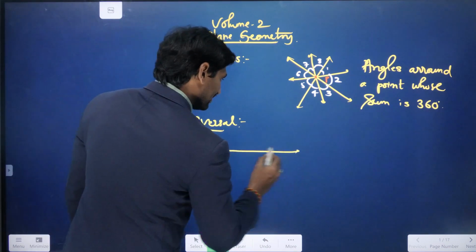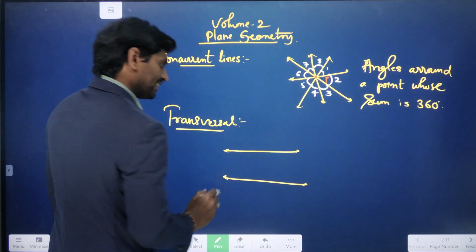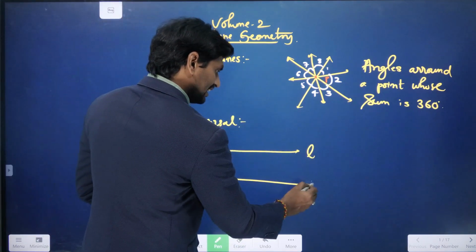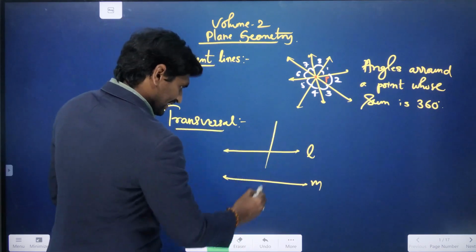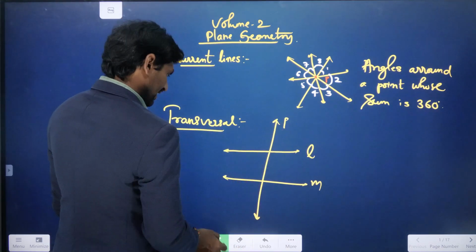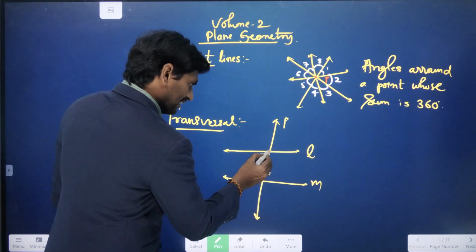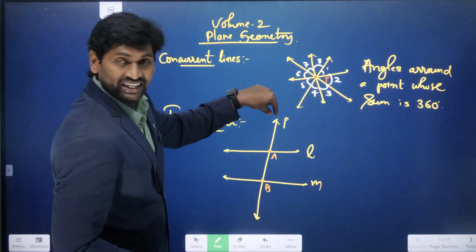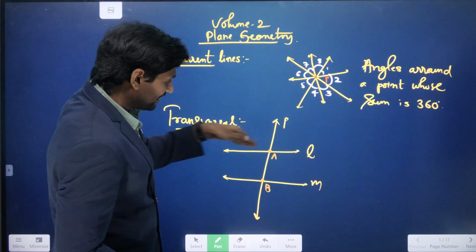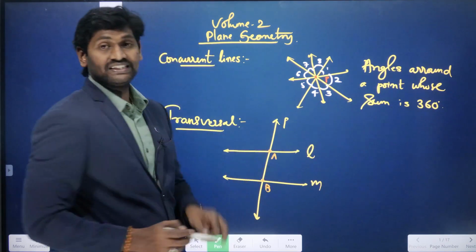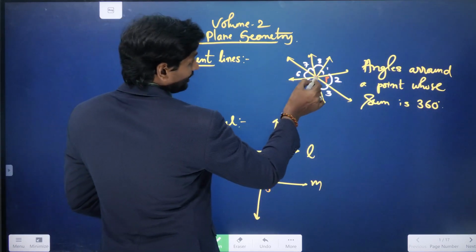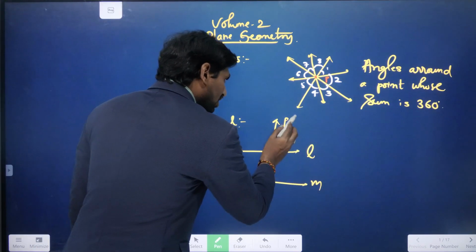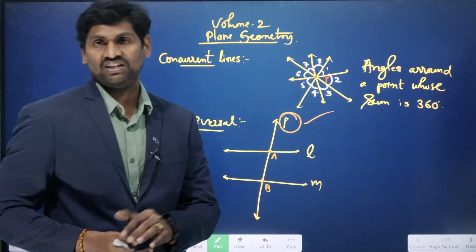For example, I am taking line L and line M. These two lines are intersected by the line P. See here, the line P intersects the line L at one point A and another point B. That means the line intersects two lines at different, distinct points. If they intersect at the same point, they will form concurrent lines, but they are intersecting at different points. So that's why line P is called a transversal line.